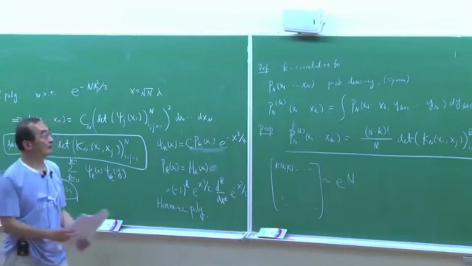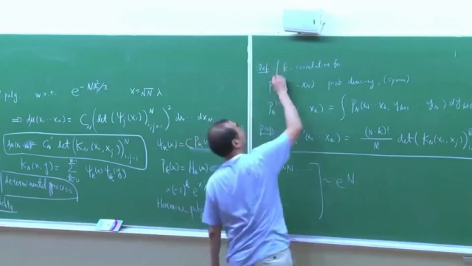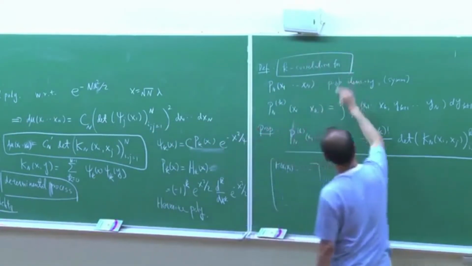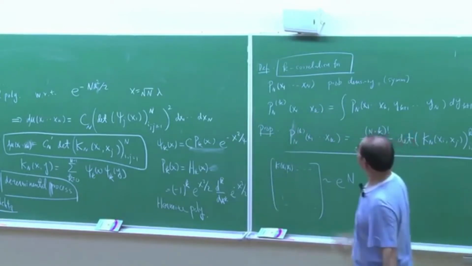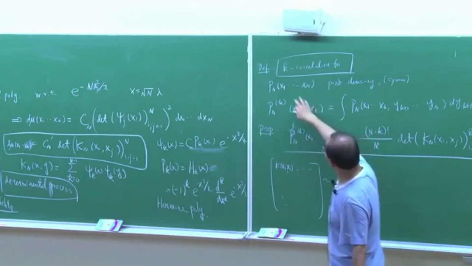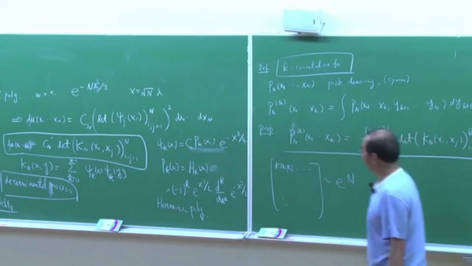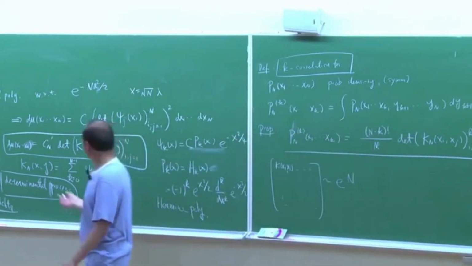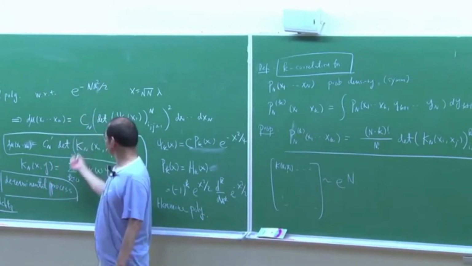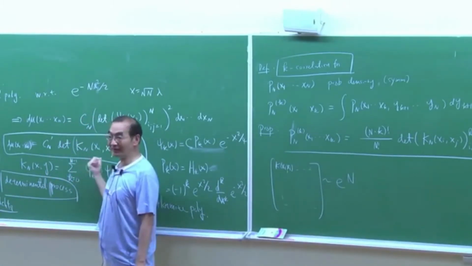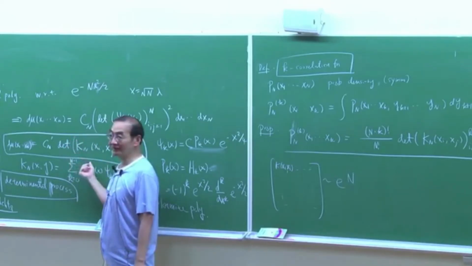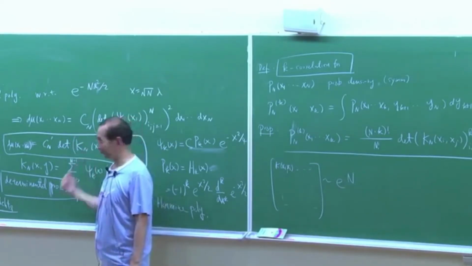And now, what is the k-point correlation function? The k-point correlation function means if you study a problem with a large number of variables, so you have n variables, and even if I tell you the function looks like this, it tells you almost nothing because this is still very complicated. It's not computable.